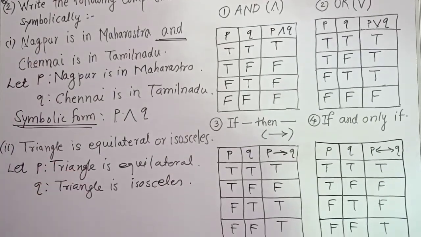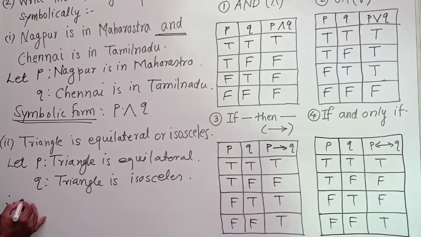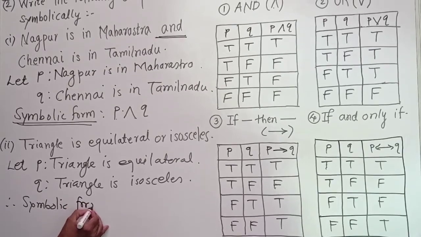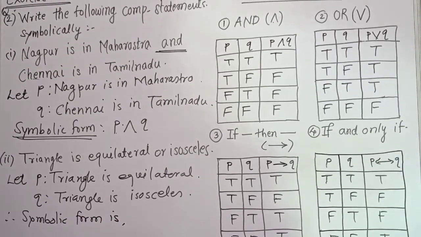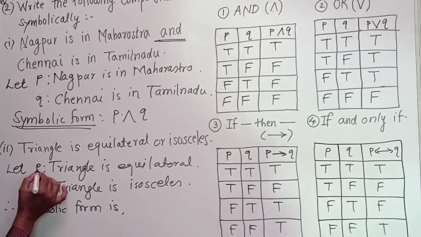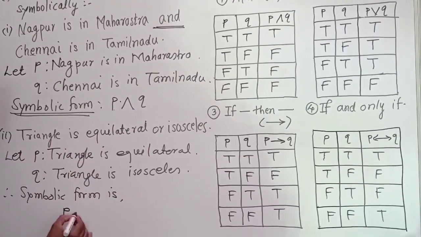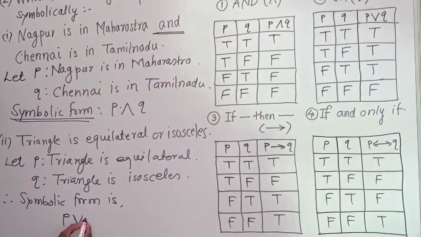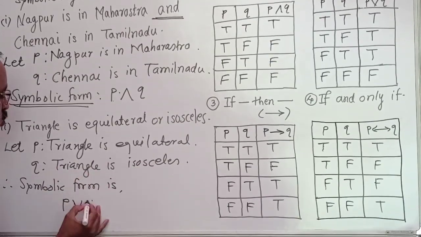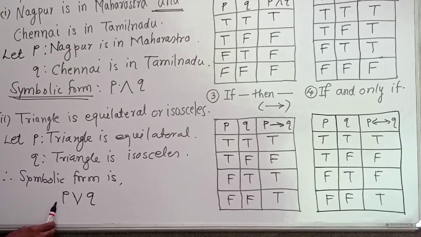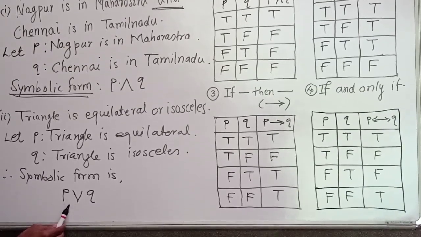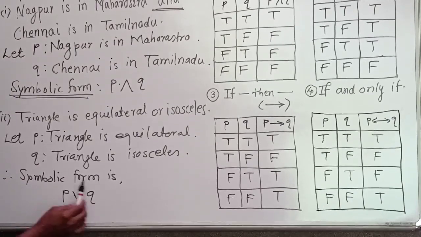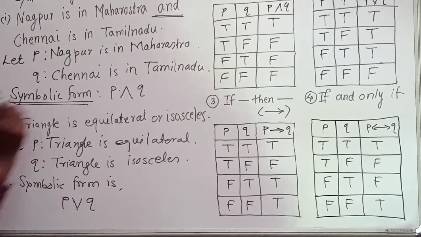These are two separate statements. Therefore its symbolic form is first statement P, then the symbol for or, which is V, and then the other statement Q. That means triangle is equilateral or triangle is isosceles. If we combine them, we write triangle is equilateral or isosceles.